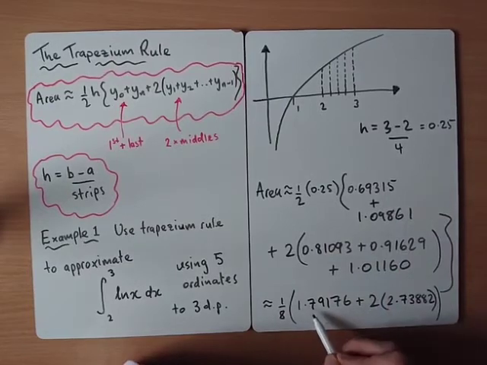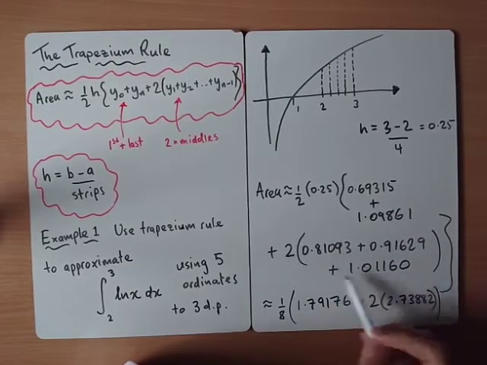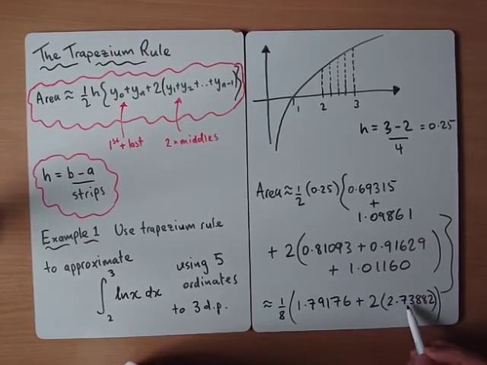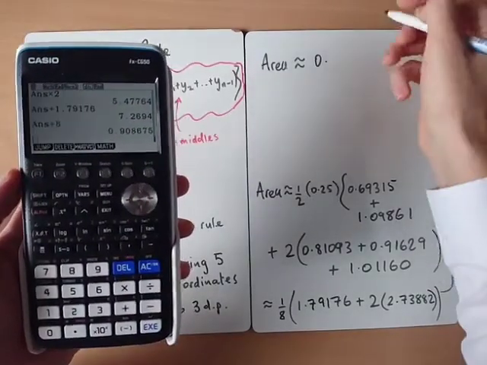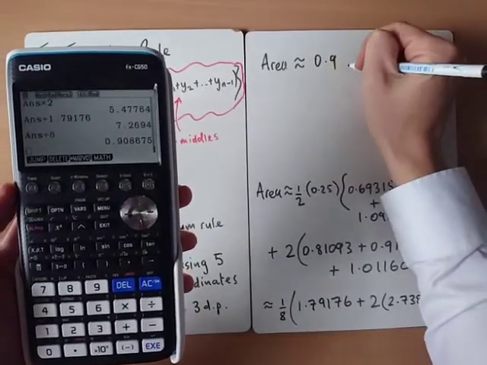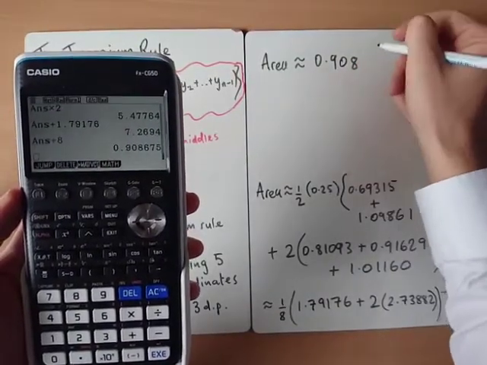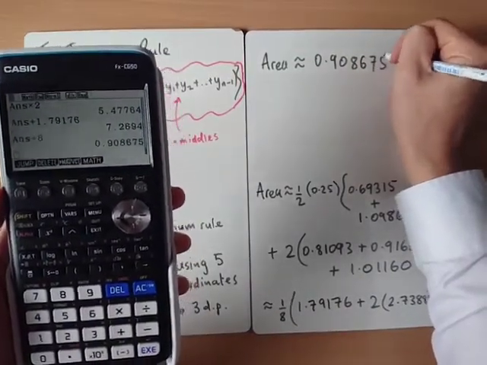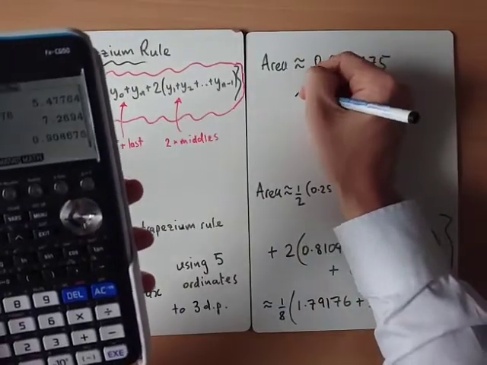First and last, I'm getting 1.79176. The middle values is 2.73882. And then we'll just tally this up and write our answer to 3 decimal places. So I'm getting 0.902 908675 to 3 decimal places.